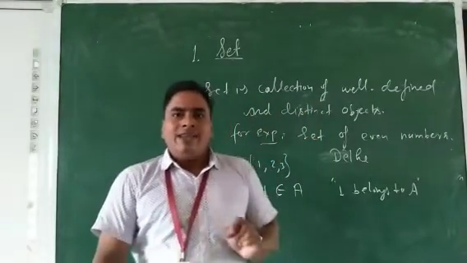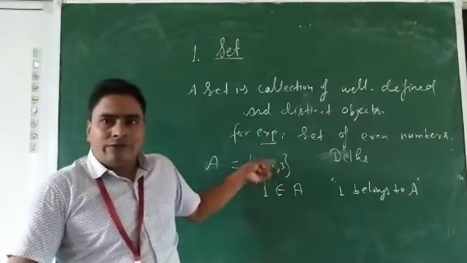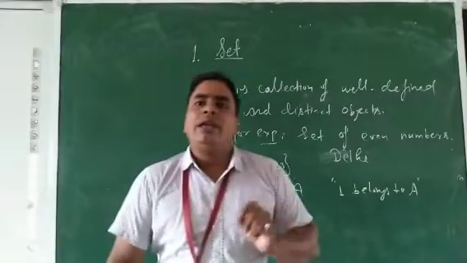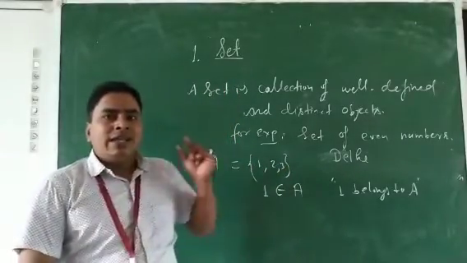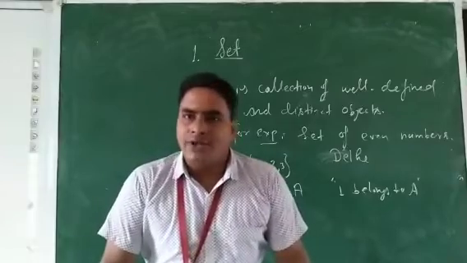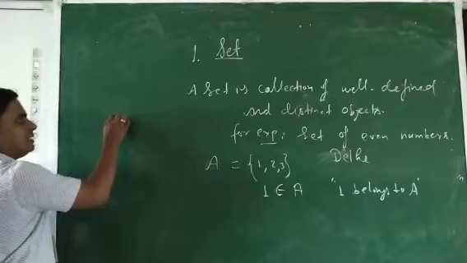So we can represent the element or member of a set by a number or by a letter, and we can denote a set with a capital letter of the English alphabet. Clear?